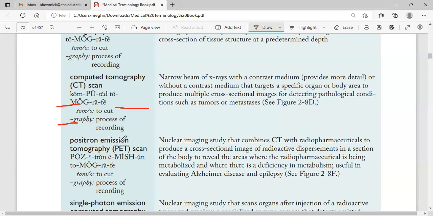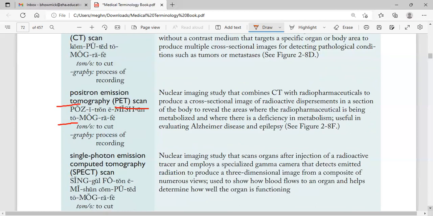A nuclear imaging study that combines CAT scan with radiopharmaceuticals to produce a cross-sectional image of radioactive distribution in sections of the body, to reveal the area where the radiopharmaceutical is being metabolized and where there is a deficiency in metabolism, and useful in evaluating Alzheimer's disease and epilepsy.